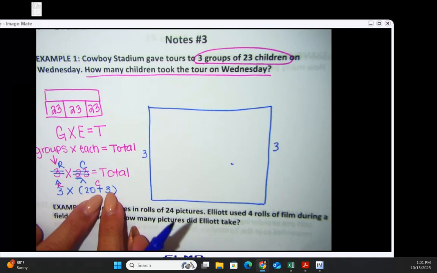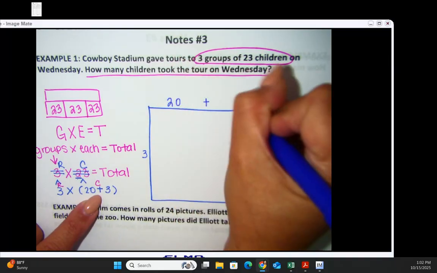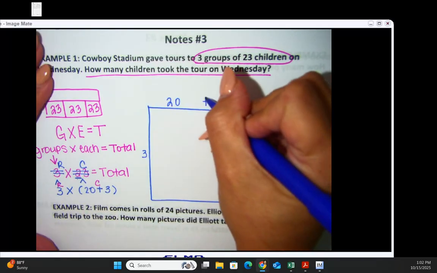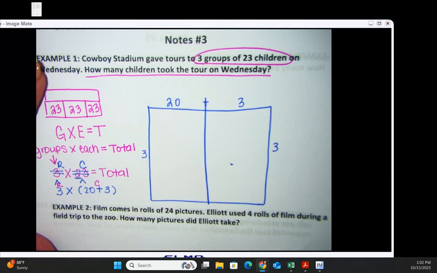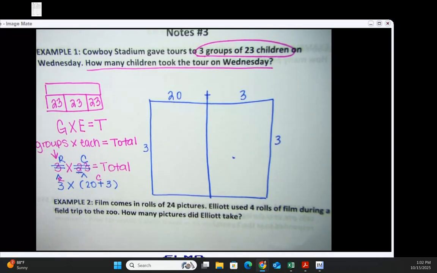Okay, now my columns. Where are my columns going to go? On the top. 20 and 3. And then remember, anytime that you have your plus sign, you're going to stretch that out and make a line. Now this goes back to when we started this lesson and we were using distribution.